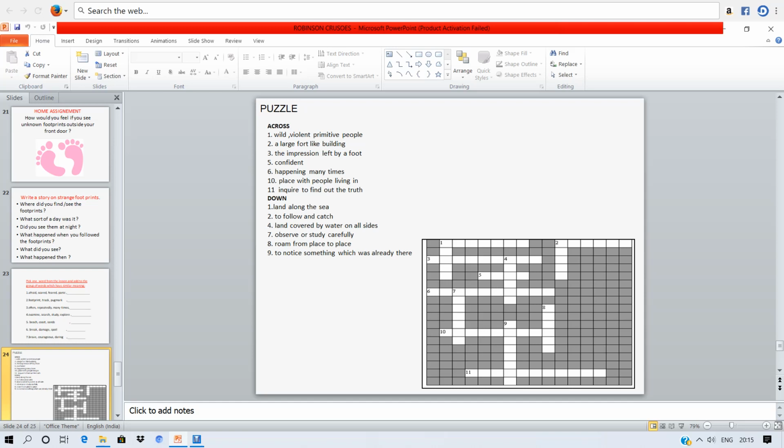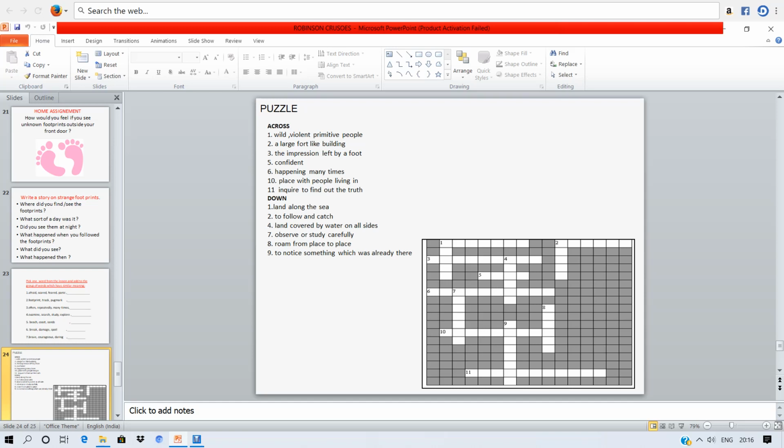And fifth is confident and happening many times. Then place with people living in. You have to find out the word and you have to fill it here. Then inquire to find out the truth. And this you have to write across, and this is downwards.